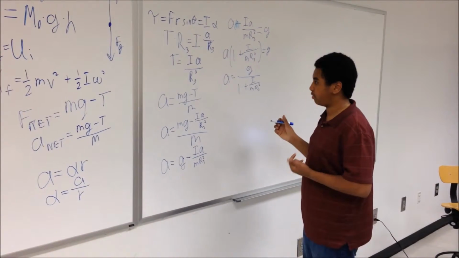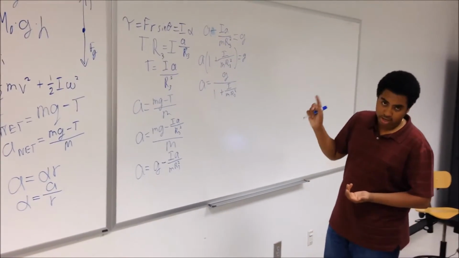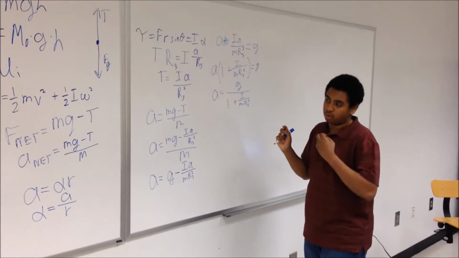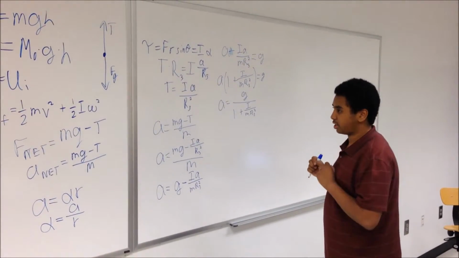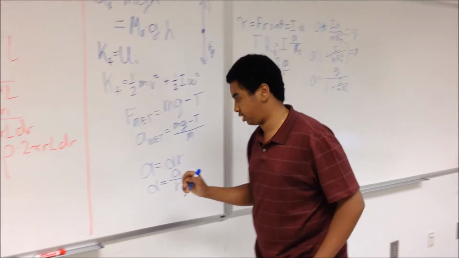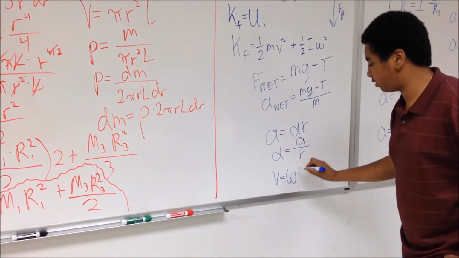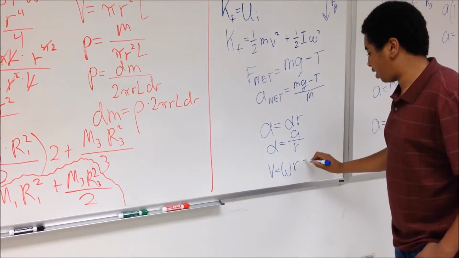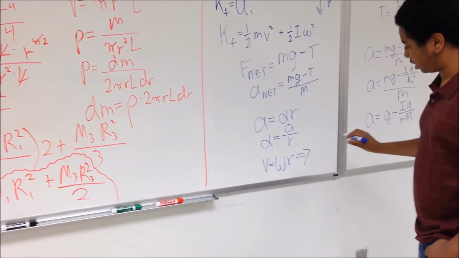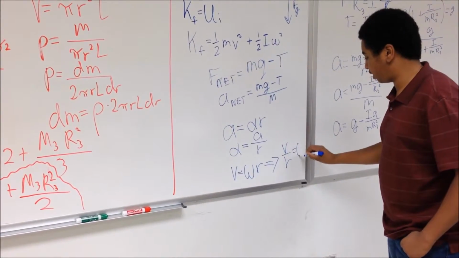So now we've crossed off a couple of things on the list. We found a, we found I, and we can use a to solve for kinetic energy. The thing is that there is another bridge that we're going to use in a second. I'm going to go ahead and tell it to you, which is v equals omega, angular velocity, times R. So v over R equals omega.